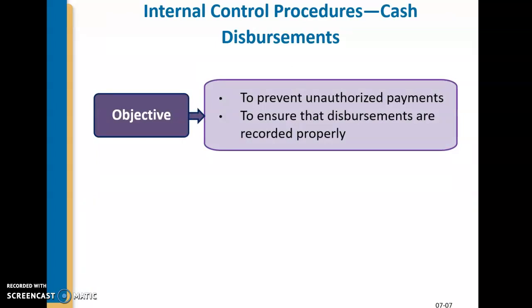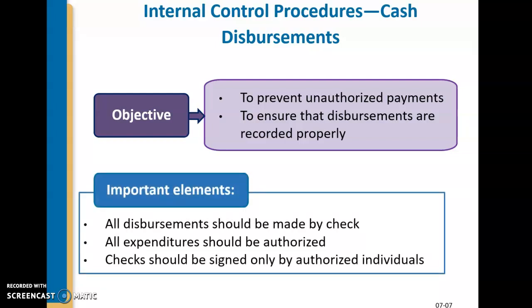Proper controls over cash disbursements should be designed to prevent unauthorized payments and ensure the disbursements are recorded in the proper accounts. Some important elements of internal control over cash disbursements include: all disbursements should be made by check, except for minor petty cash disbursements, and a separate internal control is set over the petty cash system.